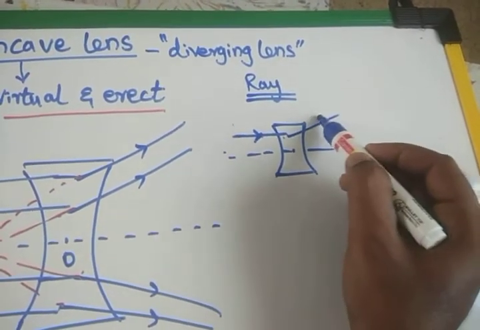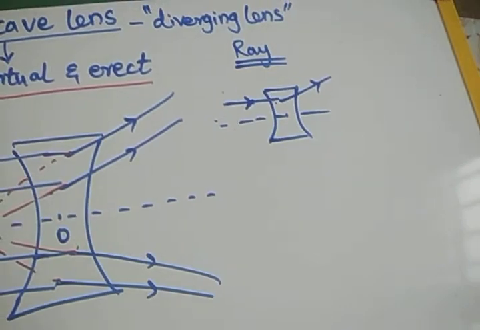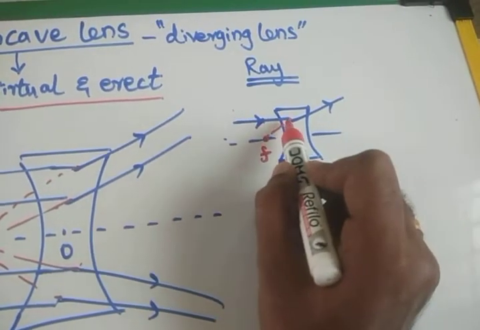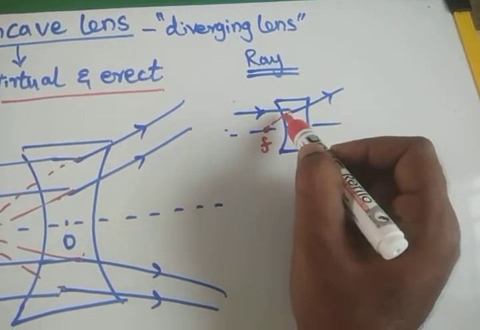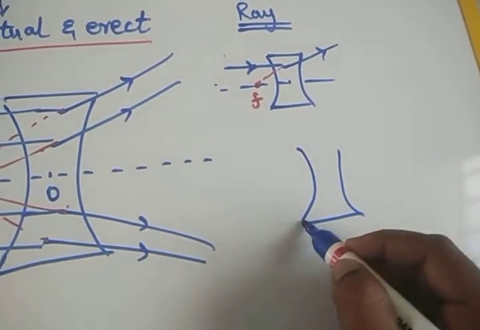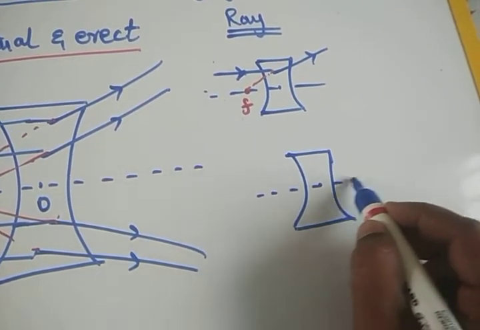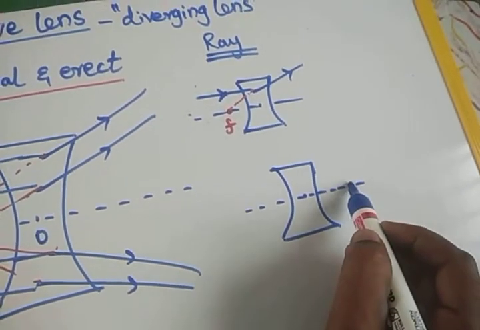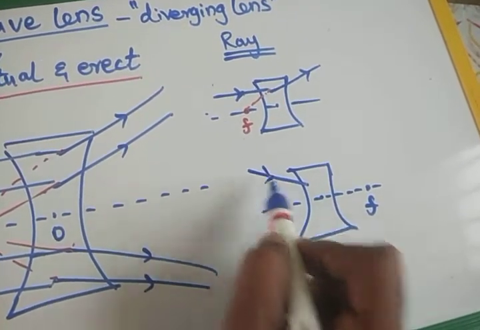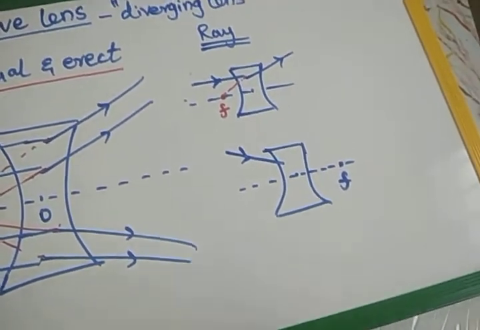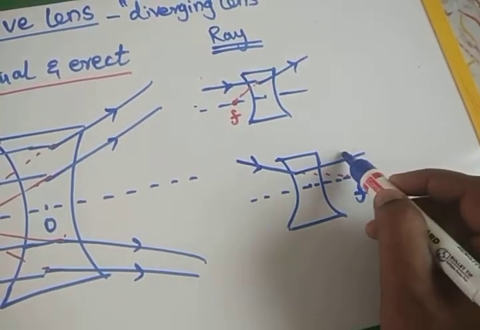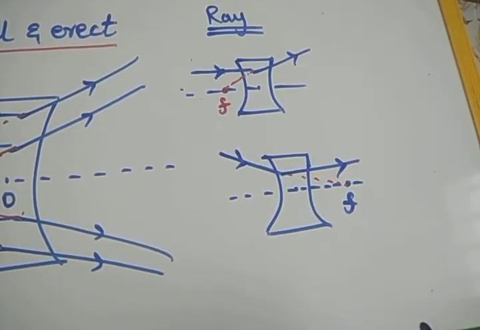It will be diverged, but the diverged light appears to meet at one point, that is the principal focus. Next, when the incident light is directed so that it appears to meet at the focus of the concave lens, the light will be refracted parallel to the principal axis.